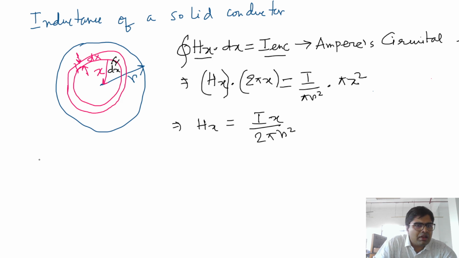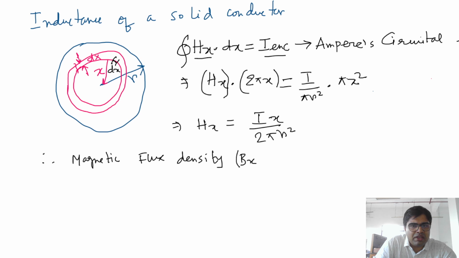Now, if the magnetic field intensity is this, what will be the magnetic flux density? The magnetic flux density at x, Bx, will be equal to mu naught mu r into Hx.